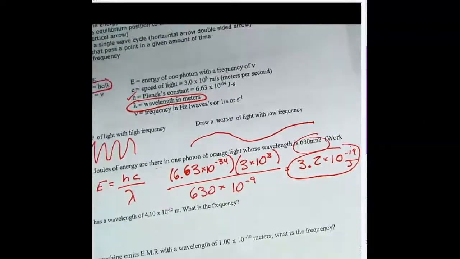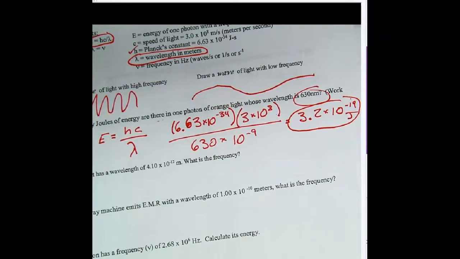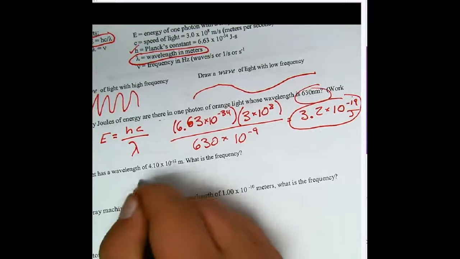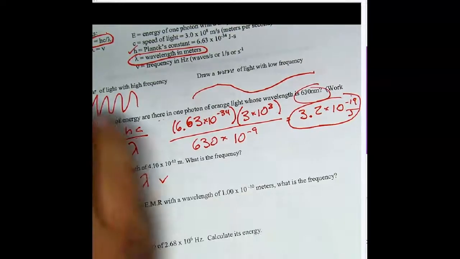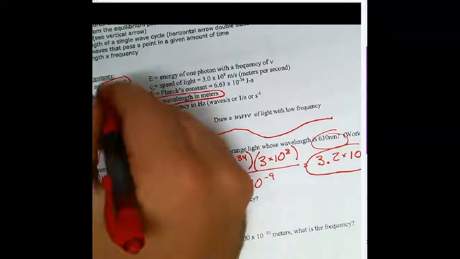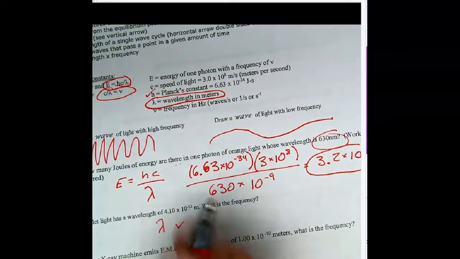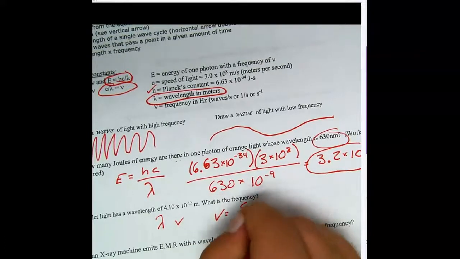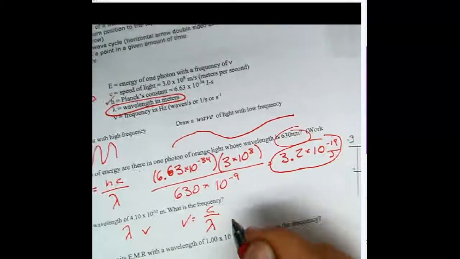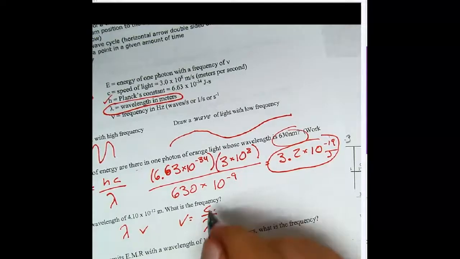Okay, the next one says violet light has a wavelength. So I know my wavelength, and I'm solving for frequency, so I'm solving for V. I need to pick an equation that has both of those. If I'm solving for V, I'm going to pick this equation right there, where V is equal to C divided by the wavelength. I know C is the speed of light.